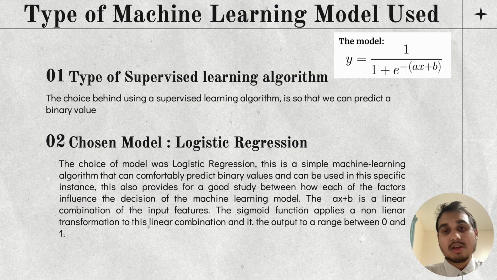The reason for choosing logistic regression is pretty simple. Let's say we have the dataset. There are several independent variables. Let's say this represents the BMI, this represents whether the person has heart disease or not, this represents if the person has a sedentary lifestyle or not.